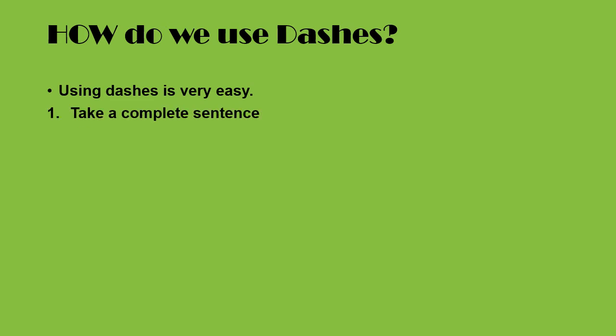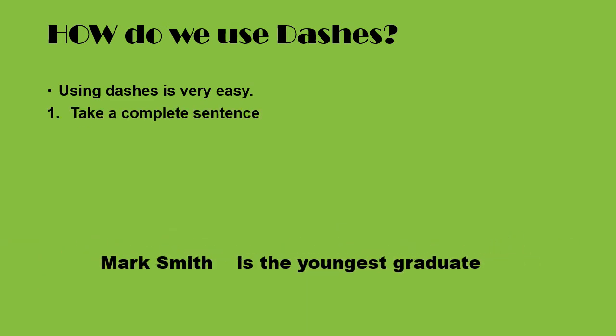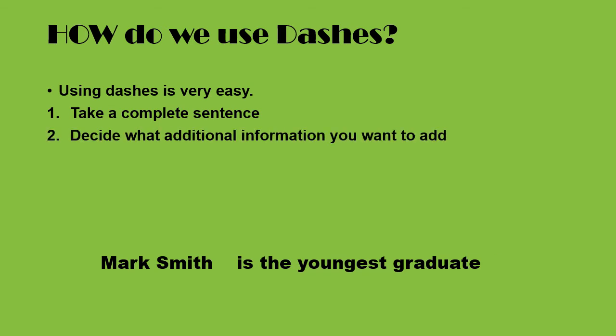So how do we use it? Also quite easy. We take a complete sentence. Mark Smith is the youngest graduate. To graduate, graduate high school or graduate university. Usually you'd graduate university in your 20s. Now we decide what additional information we want to add.